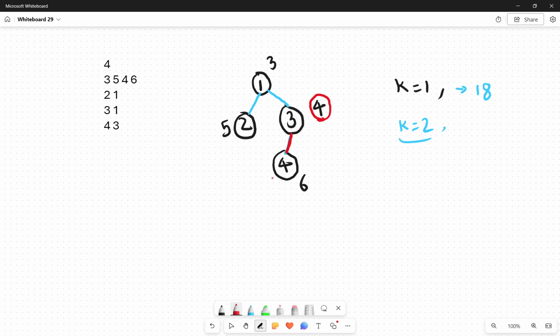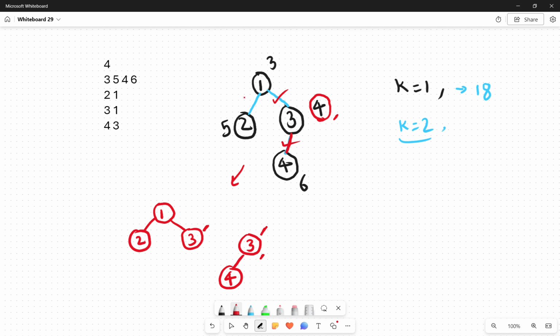Because our connected components or subgraphs would be like this: 2, 1, 3 and 3 and 4, right? So this 4 in the third node is both in the subgraph of blue and red color, right? So the value of our answer would be increased by 4.